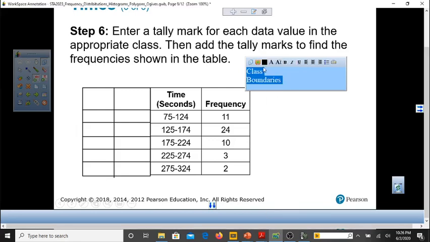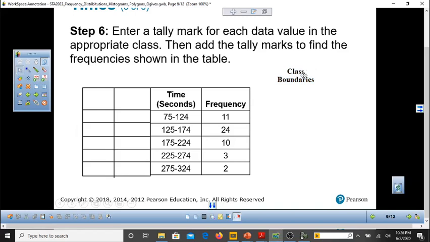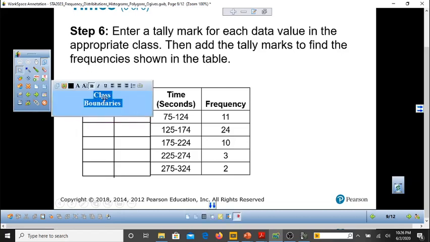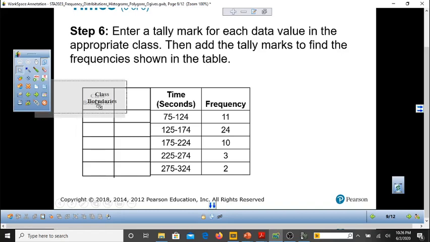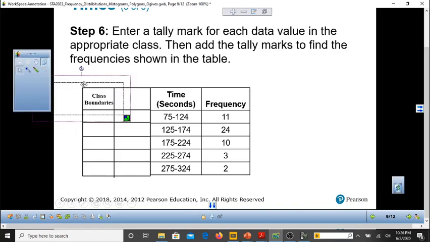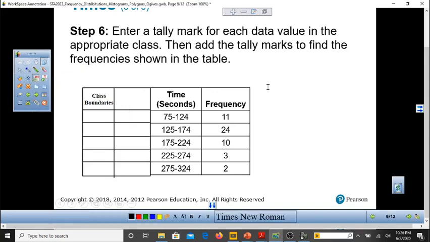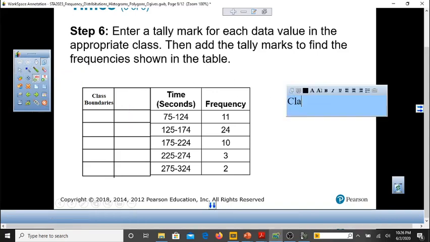Have to make it small enough so it can fit in the space. And then I'm going to do one for my class midpoints as well. All right, so mine here is a little bit big. So let me just make this a little smaller for the sake of fit. And then my class midpoints, also called the class mark.